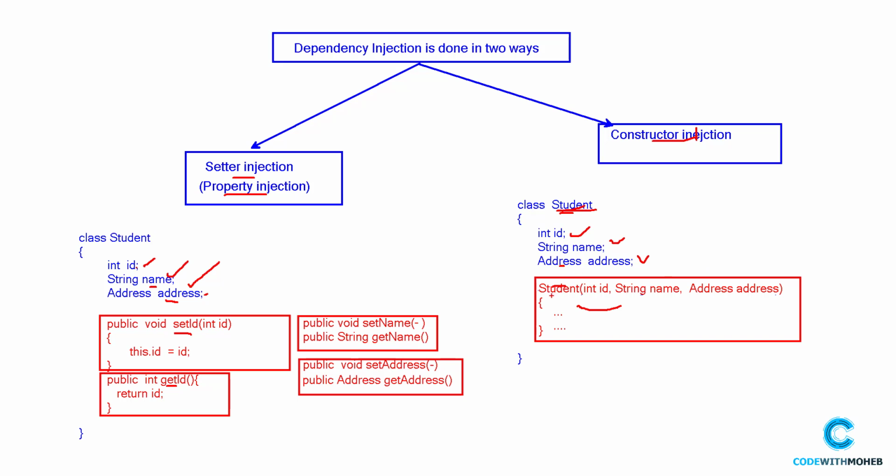In the address class we also have a constructor called address, instead of student, because the constructor should have the same name as the class name. So in address we will have the first value string street, the second string city, the third string state, the fourth string country.